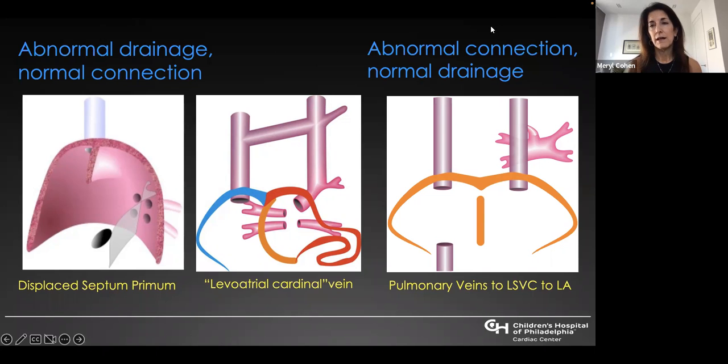We see this in the setting of patients who have pulmonary veins that come to a confluence and connect to a left superior vena cava behind, which then drains directly to the left atrium. Or sometimes you can see what looks like a confluence behind the left atrium, which is draining directly to the left atrium. So that's abnormal connection with normal drainage.